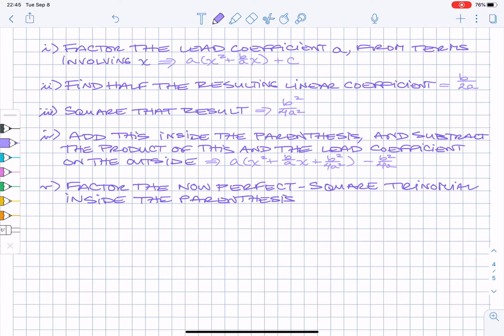Okay, so that's going to give us a times x plus b over 2a squared minus b squared over 4a.